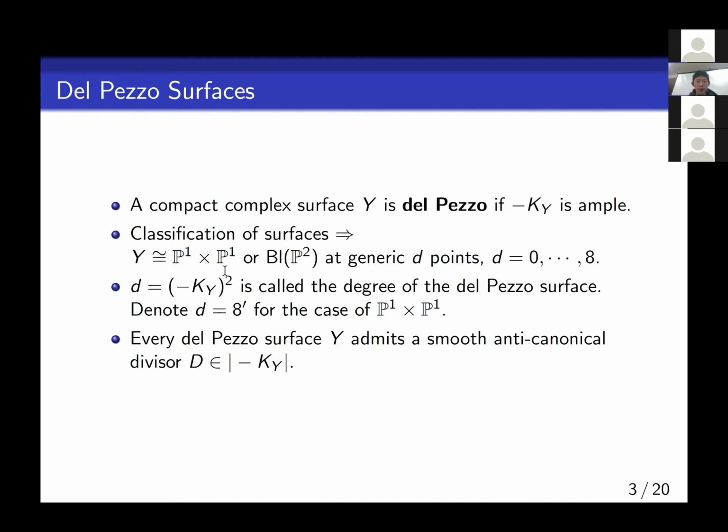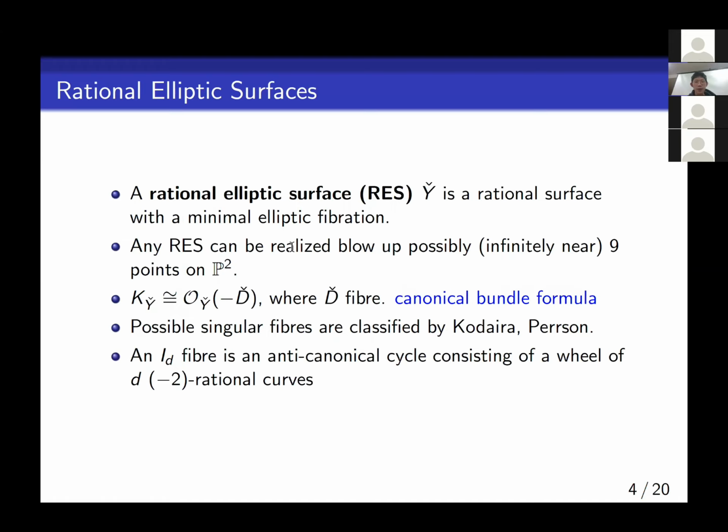And the other player of the game are the rational elliptic surfaces. You always see that they're, in some sense, the mirror of the del Pezzo surfaces. A rational elliptic surface is a rational surface with an elliptic fibration, and it's minimal in the sense that there are no -1 curves sitting inside a fiber.